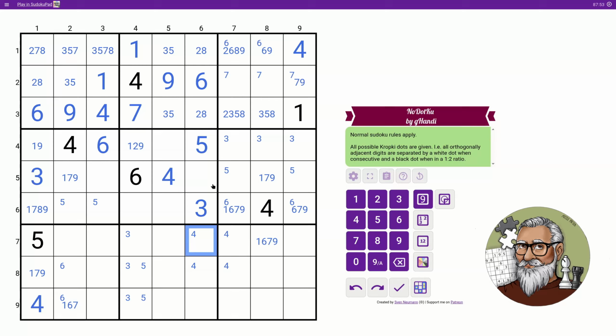Right, this isn't 4, so that is. Try and pencil marking the 4. I don't know why I forgot about it. Right.